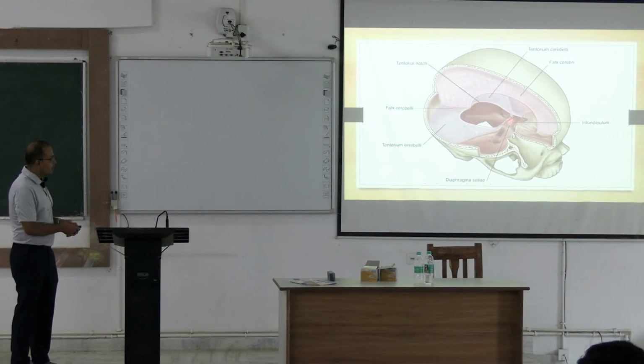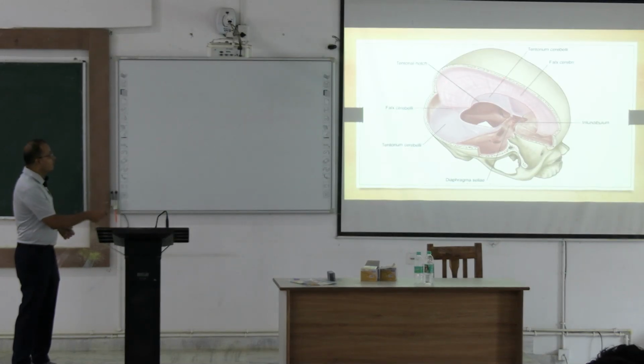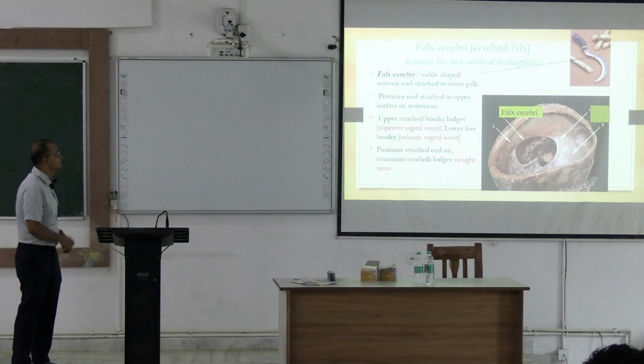The Tentorium cerebelli ends in front at the sphenoid bone. Over the sphenoid body, we have the diaphragma sellae. So these are the orientations of the 4 meningeal folds. Now we take the Falx cerebelli, Falx cerebri, Tentorium cerebelli and diaphragma sellae for this class.